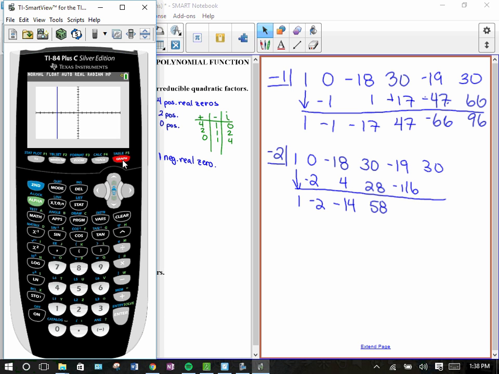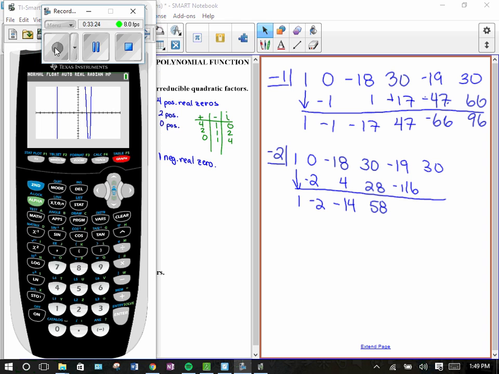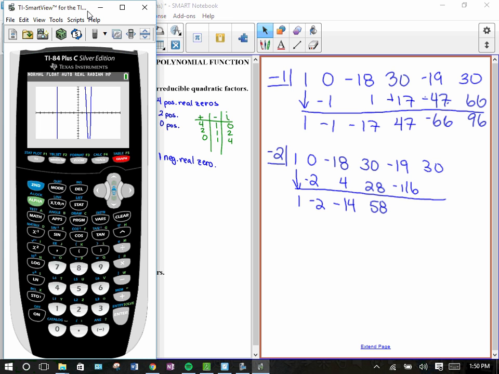I see negative 5. Again, I have no issue with us using our calculators here to figure out where to start. So we see negative 5 is a potential zero. Looks like it, so let's check that.